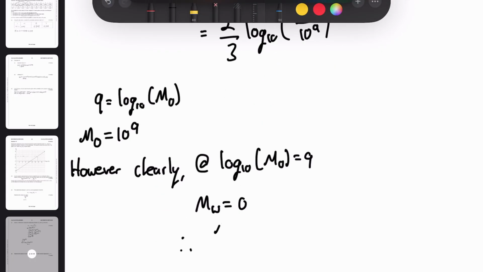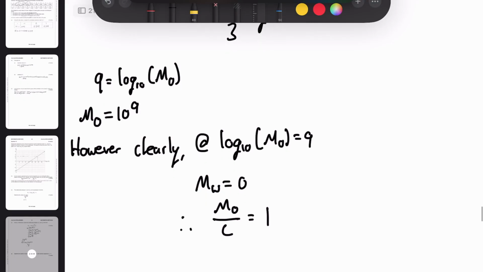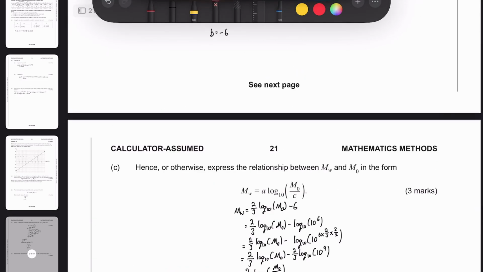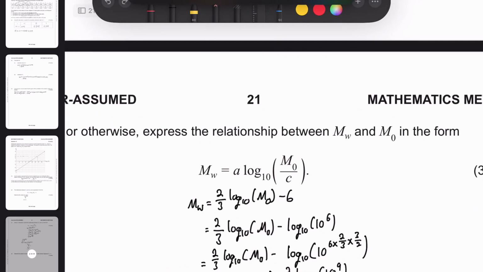Therefore, we must have that m0 over c must be equal to 1. So m0 is equal to c, or c is equal to 10 to the 9, with our a remaining as that 2 on 3.